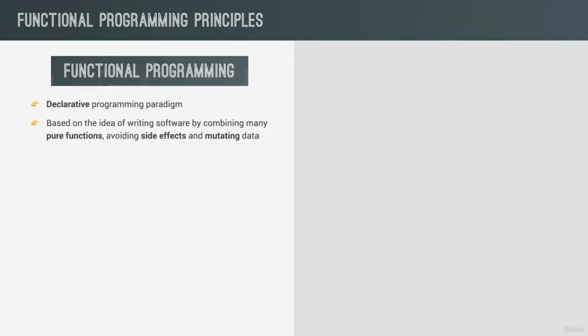And functional programming is basically a declarative paradigm which is based on the idea of writing software simply by combining multiple so-called pure functions while avoiding side effects and mutating data.